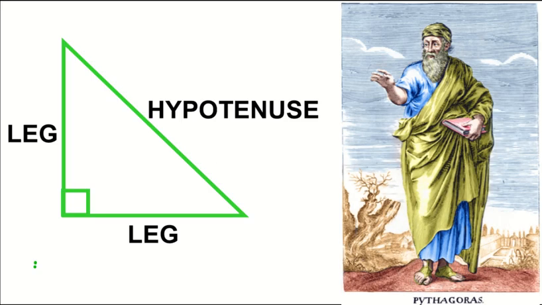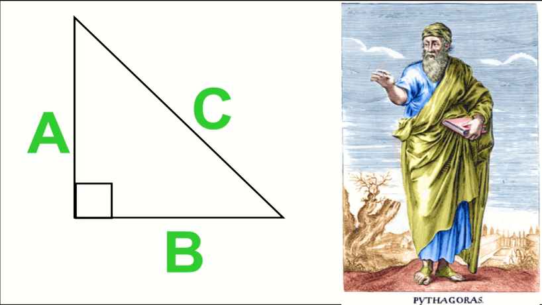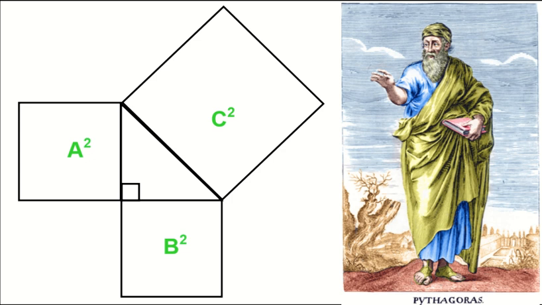All right, so had the right triangle, long time ago, a guy named Pythagoras was kind of studying it, looking at it. He realized if he's labeling them A, B, C, what he could do is he could take each one of those sides and kind of put a square on it.